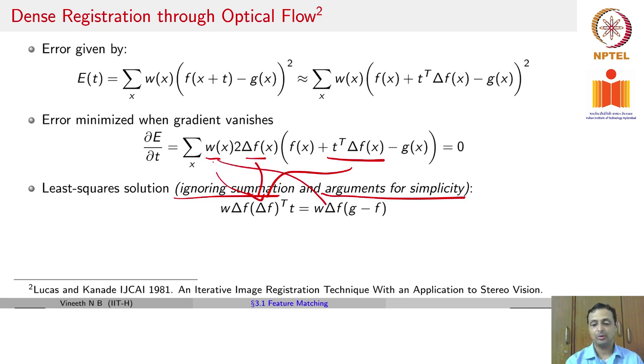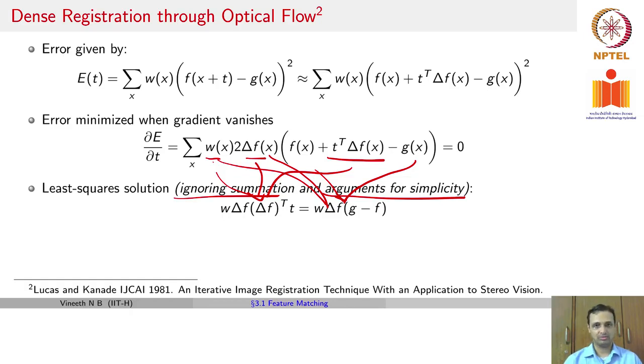Similarly, w into delta f into g minus f if you take it to the other side. The 2 doesn't matter here because we are equating it to 0 and trying to solve for this. So by doing this, you can solve for the displacement between these two signals.